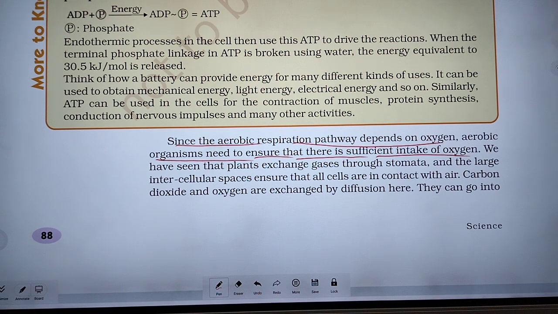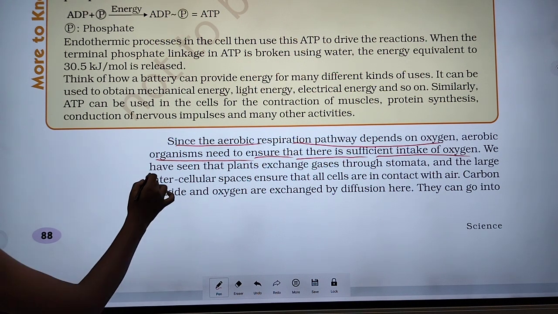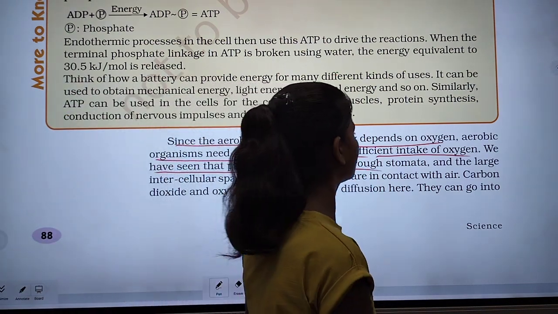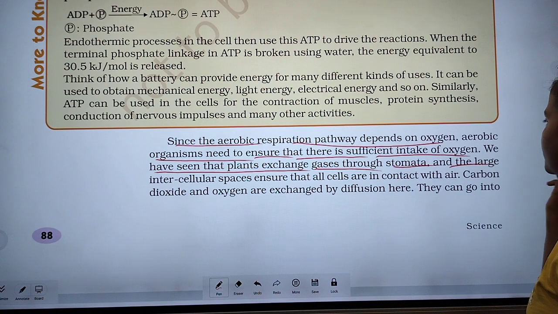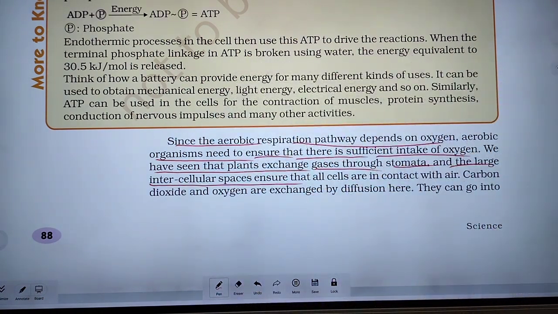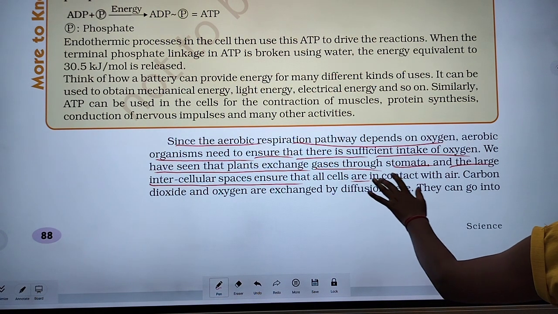We have seen that plants exchange gases through stomata, and the large intercellular spaces ensure that all cells are in contact with air.